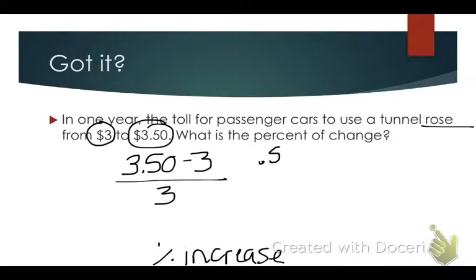So I've got 50 cents divided by $3 to determine that this is a 16.67% increase. Once again, I am continuing to round to the hundredths place after I multiply by 100 to get my decimal, or I'm sorry, to get my percent.